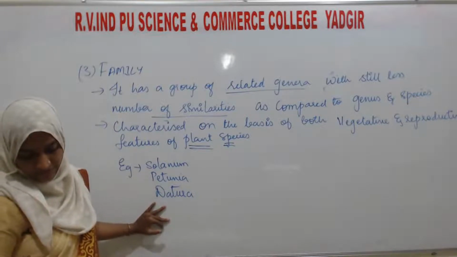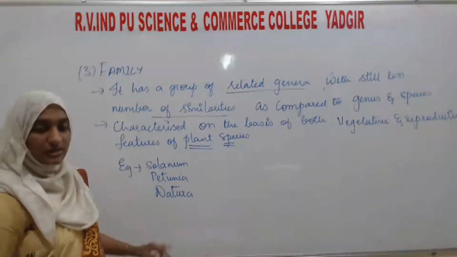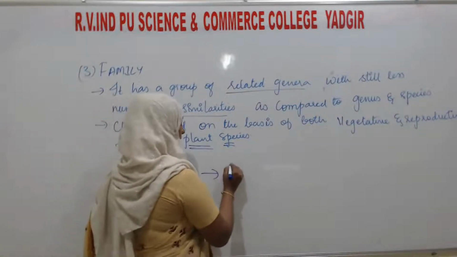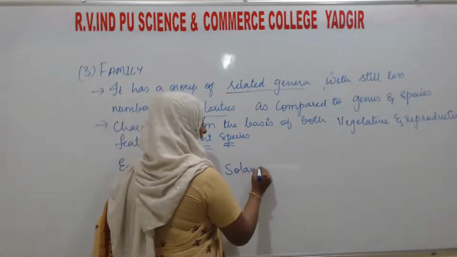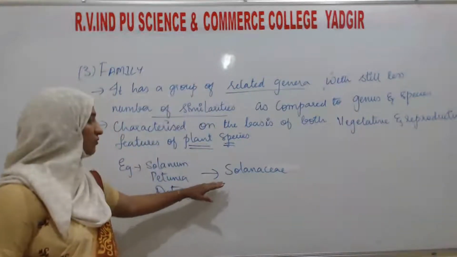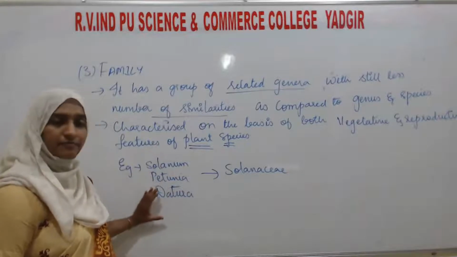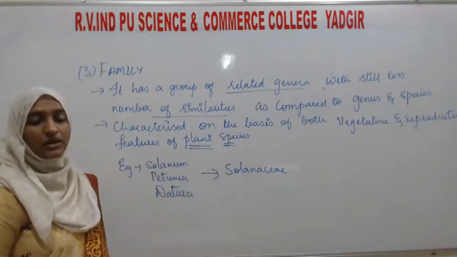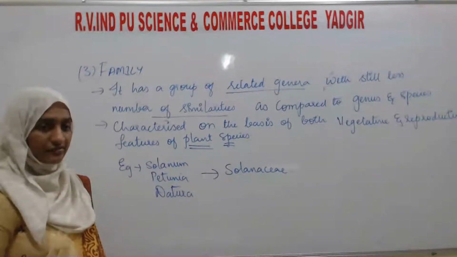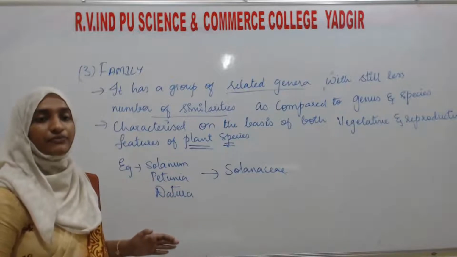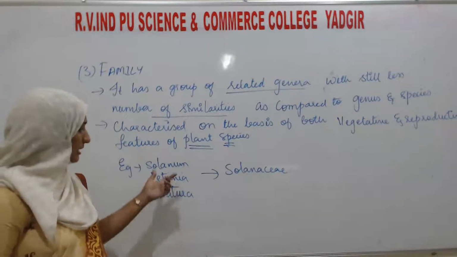What is the name of that family? That is the Solanaceae. On the basis of their reproductive and vegetative phase, all these three plants will have a same reproductive phase.